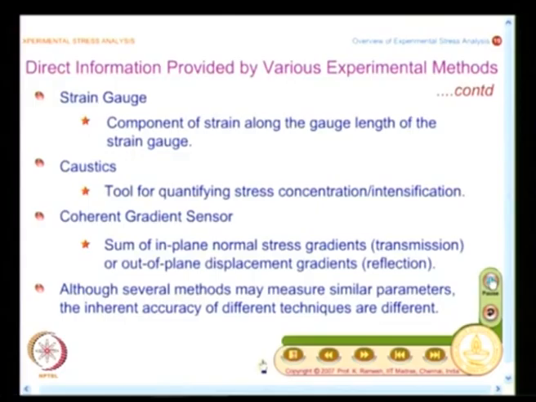So, the key point here is, although several methods may measure similar parameters, the inherent accuracy of different techniques is different, and you need this knowledge when you want to solve a problem on hand.